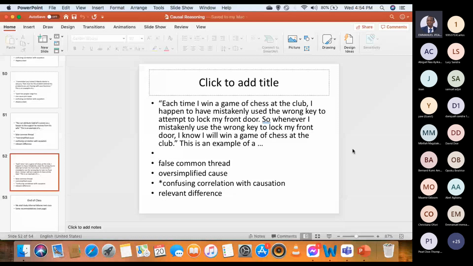It could be that some are before and some are after, and then he concludes that anytime he locks it before, he'll win. So that aspect of the information is not very clear. But what is clear is that both of them happen the same day, so it means they correlate. That's why confusing correlation with causation is suggested as an answer.